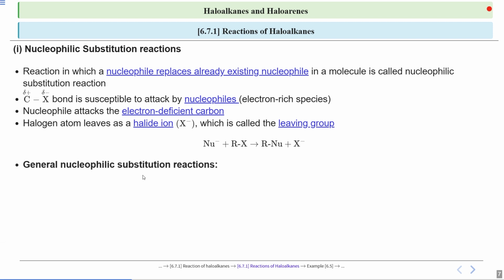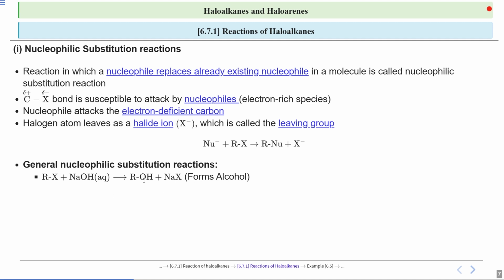General nucleophilic substitution reactions. So you can see this is the reaction where alkyl halide is reacting with sodium hydroxide, and in the product we are getting ROH, which is an alcohol, plus sodium halide, right? So this reaction forms alcohol.